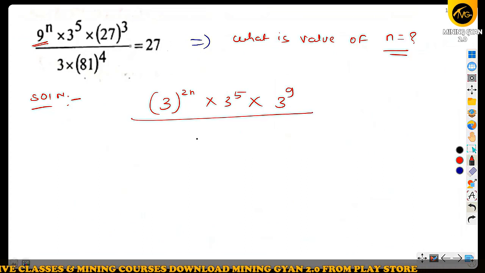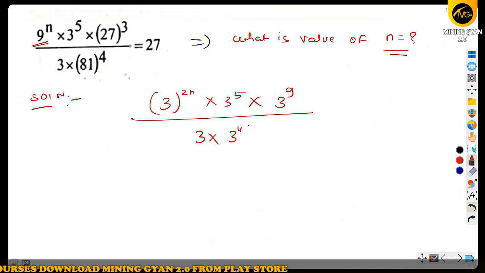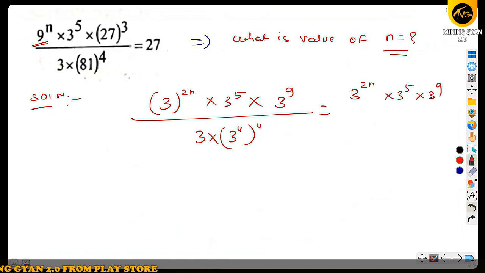Now 3 into 81, that is 3 into 3 power 4, whole power 4. That means 3 power 2n, 3 power 5 into 3 power 9, whole divided by 3 power 1 into 3 power 16.